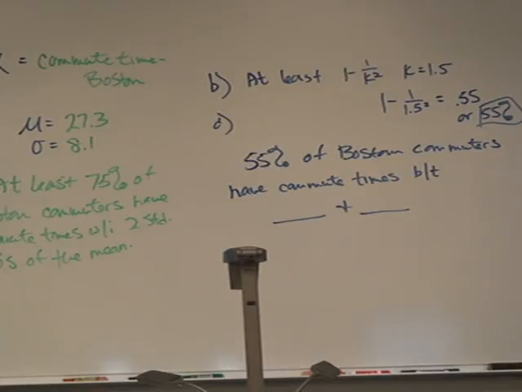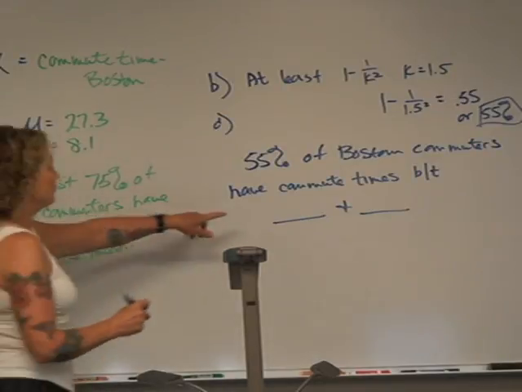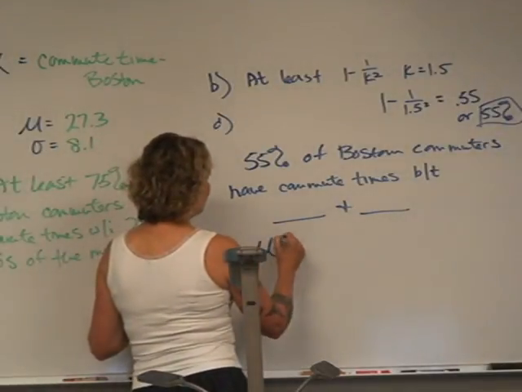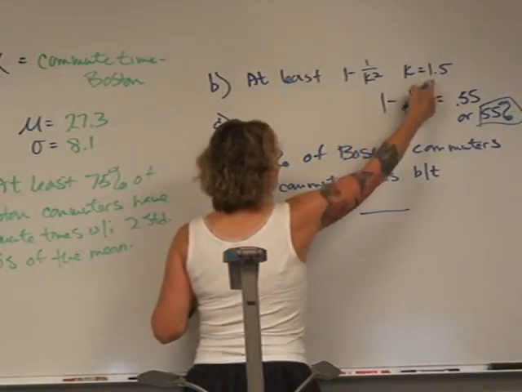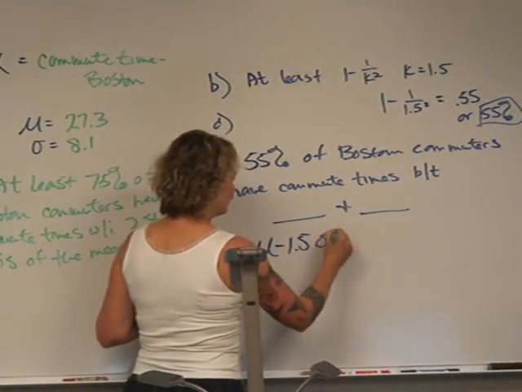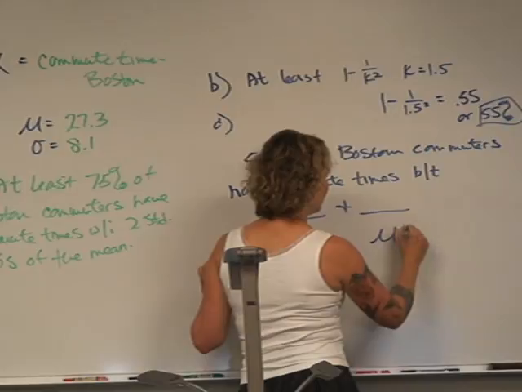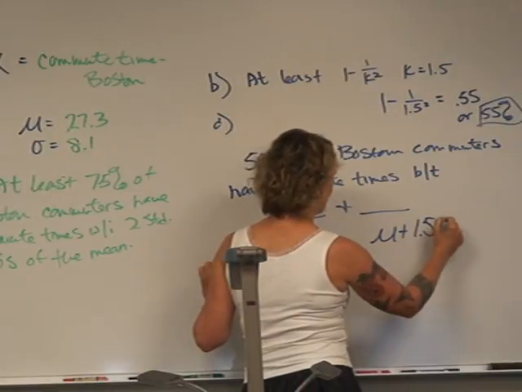Would you multiply 8.1 times 1.5 and then add it and subtract it to the 27? Yes, perfect. So our lower bound, we're gonna take the mean and subtract 1.5 standard deviations. And for the other bound, we're gonna take the mean and add 1.5 standard deviations.